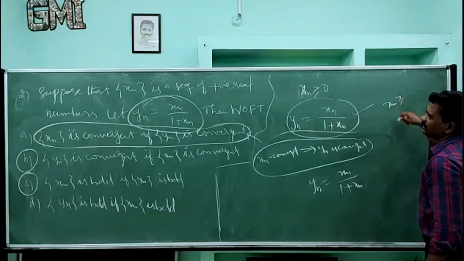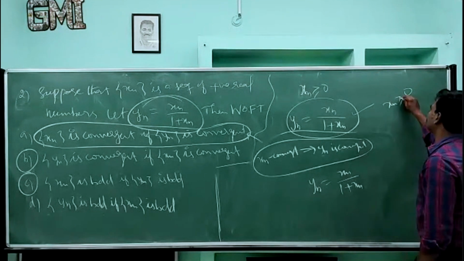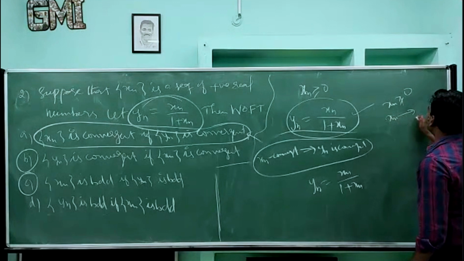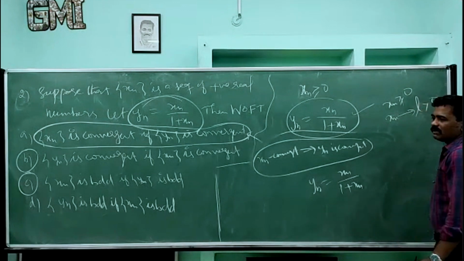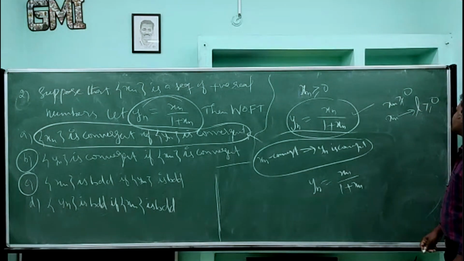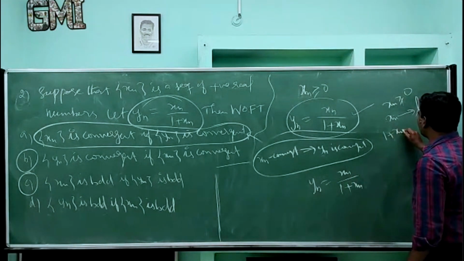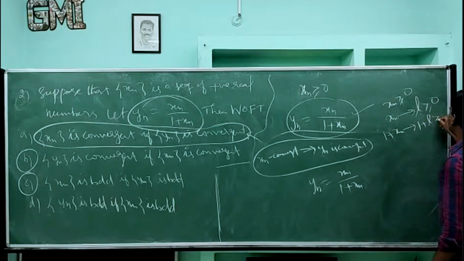All xn's are non-negative real numbers, and xn goes to some L, and that L is also greater than or equal to 0. So 1 plus xn is also greater than or equal to 1.